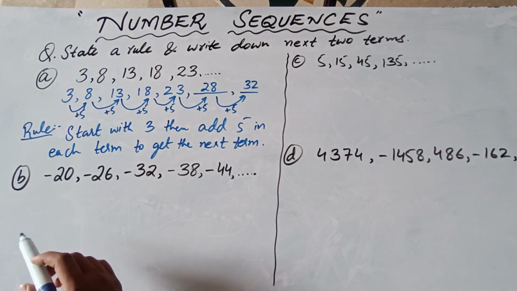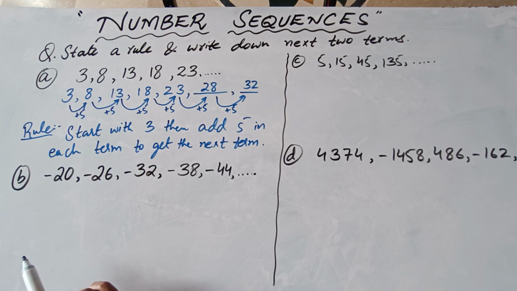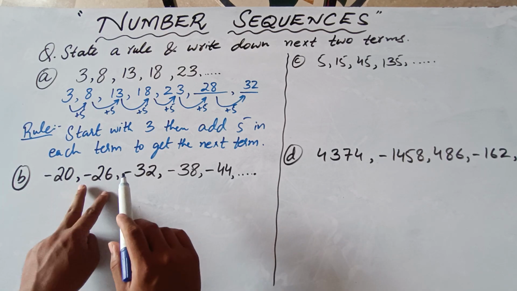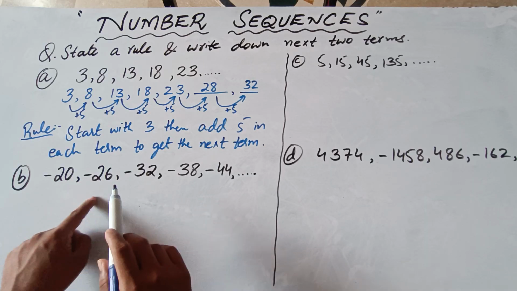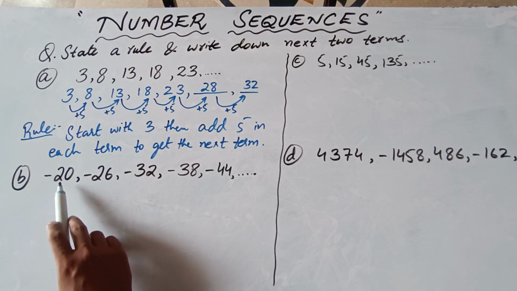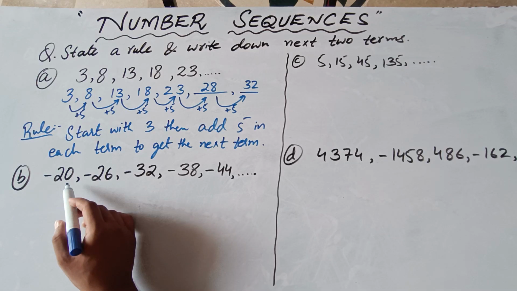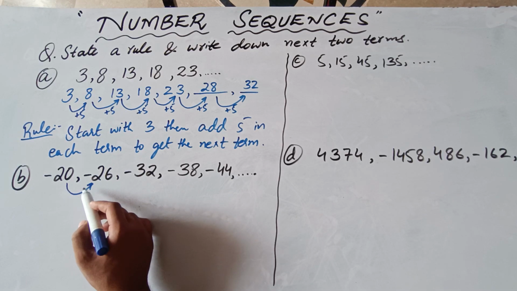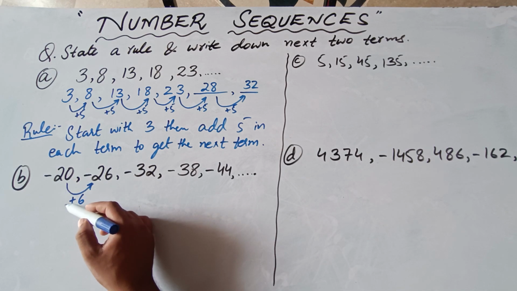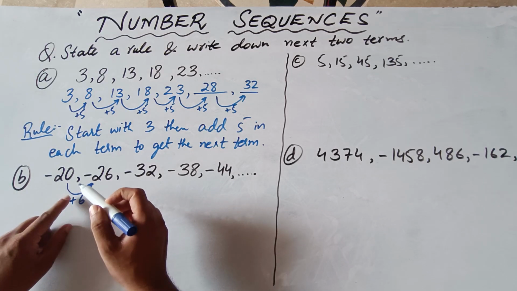Now what is happening over here? If we look at negative 20, negative 26, negative 32, they are not multiples of each other, and they are not dividing by any number. So it means there is addition and subtraction going on. The difference is 6, whether it is plus 6 or minus 6. If we add 6 to negative 20, we get negative 14.